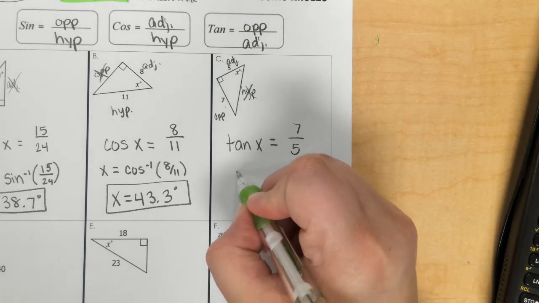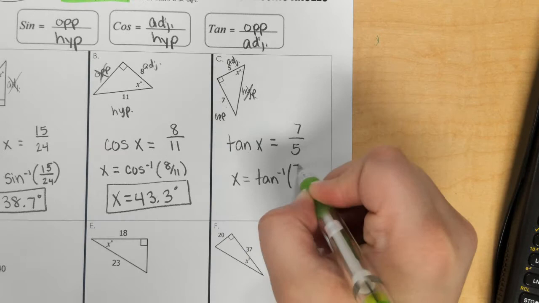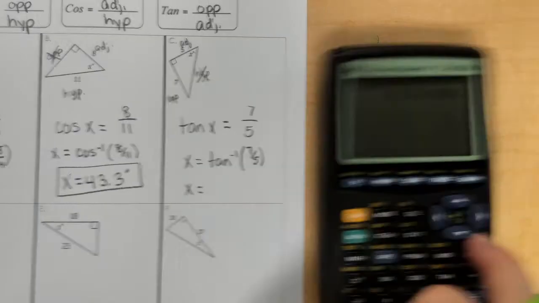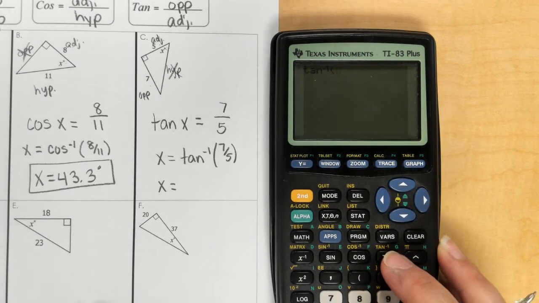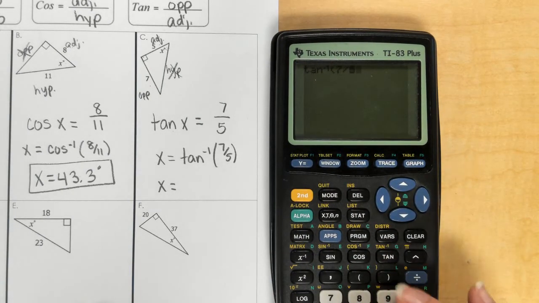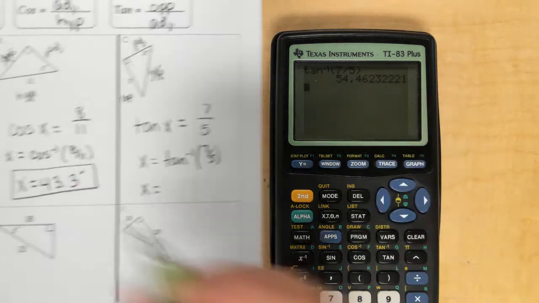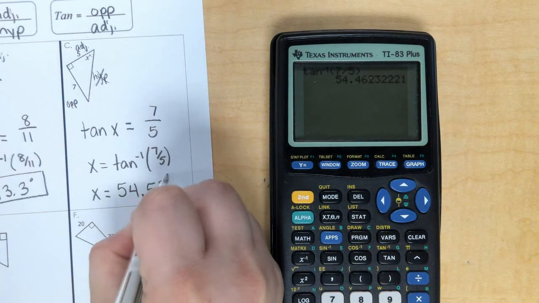So our inverse of tan, 7/5. So second tan, 7 divided by 5, and we have 54.5. I went ahead and rounded up.